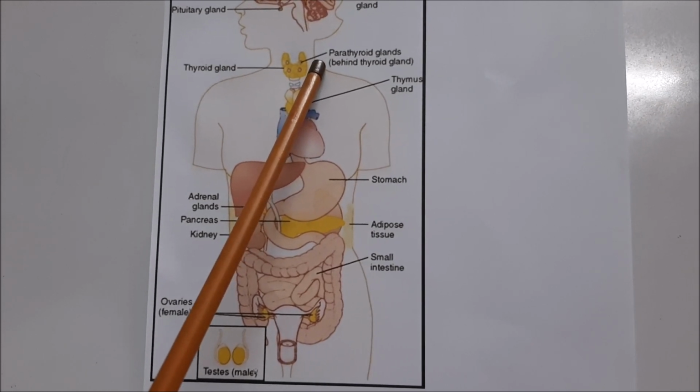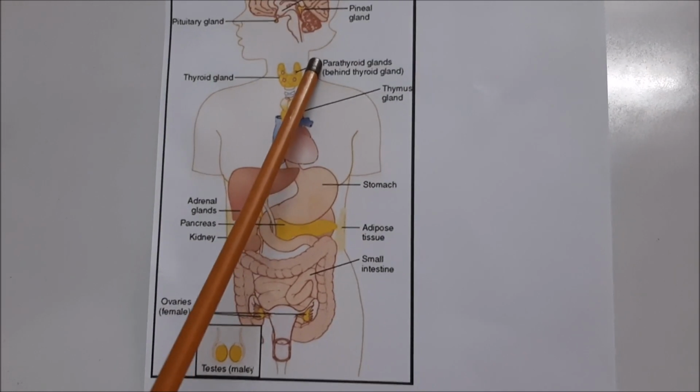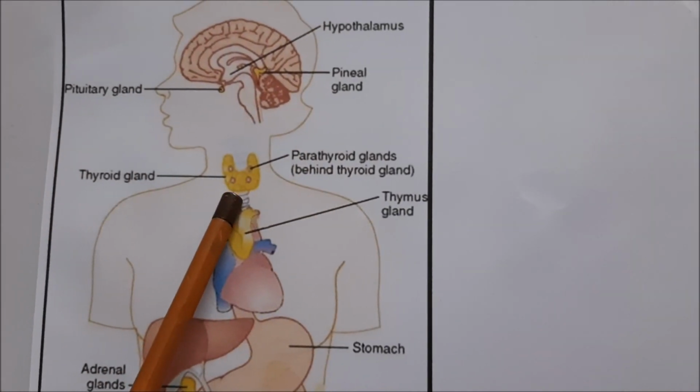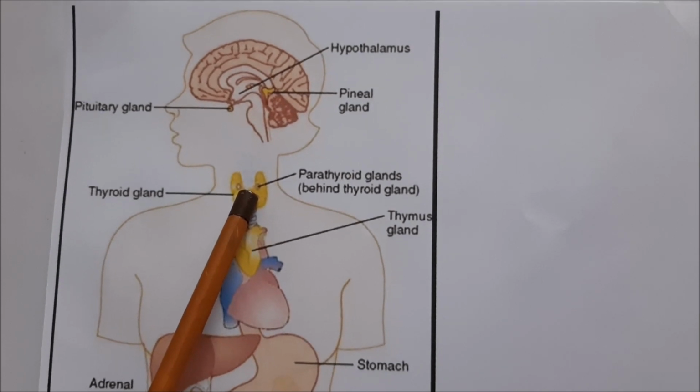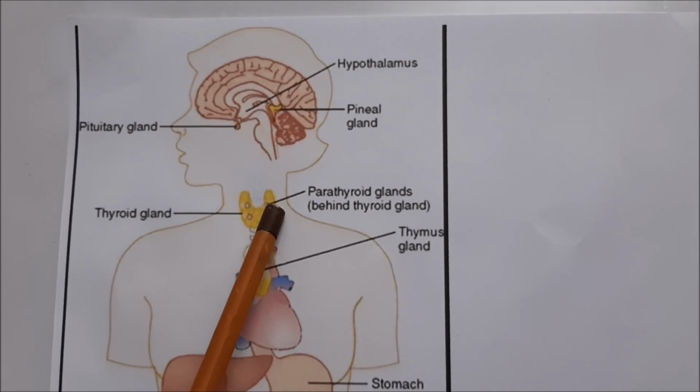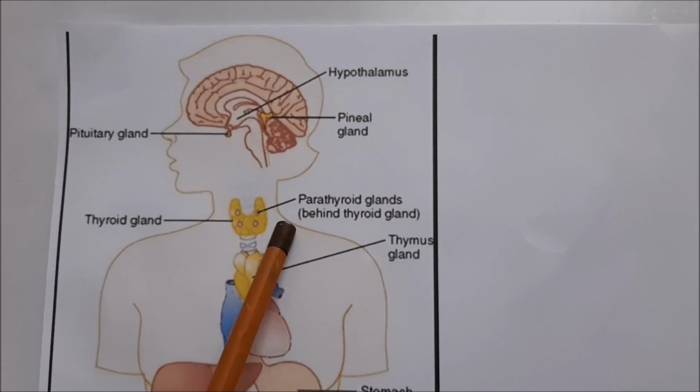Prolactin stimulates the development of the breast as well as milk secretion.